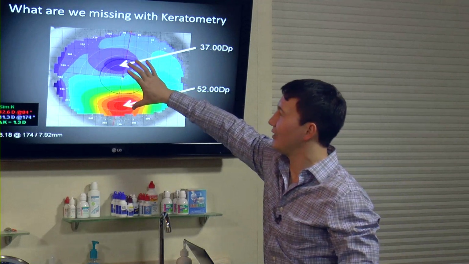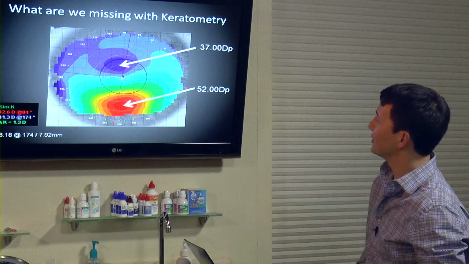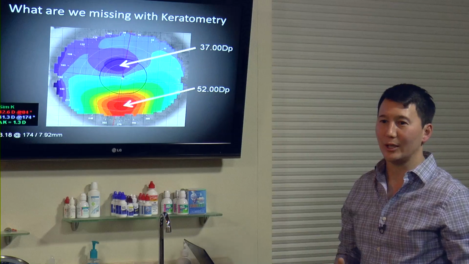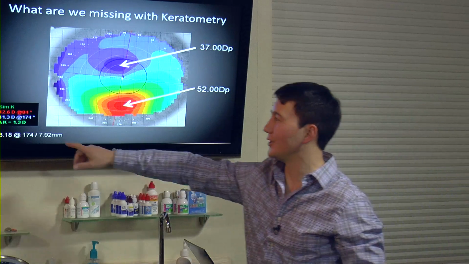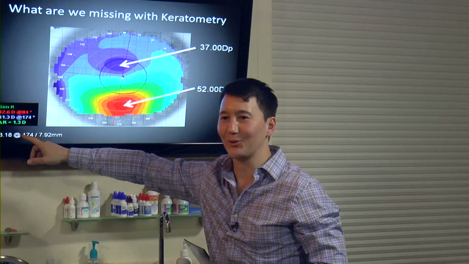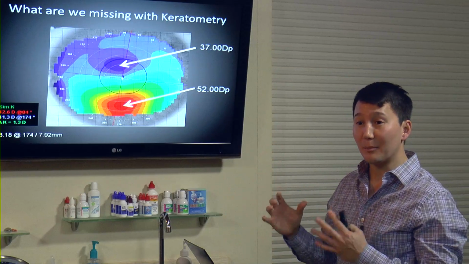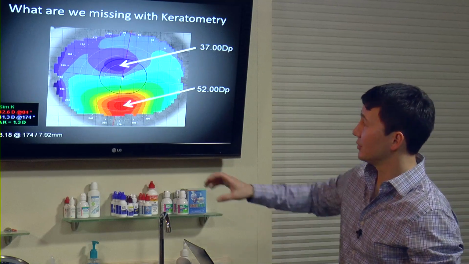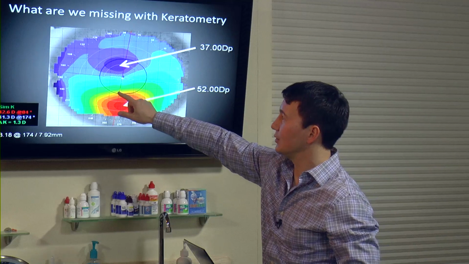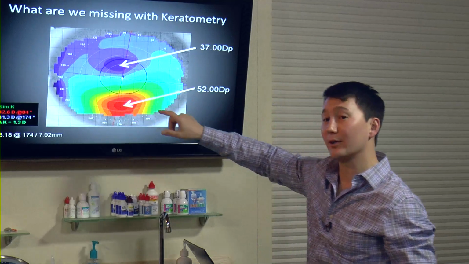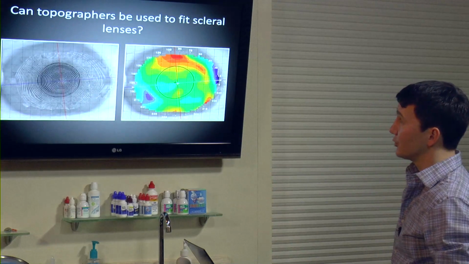So within 5 millimeters, there's a 15 diopter range. The keratometer said that there's only 1.3 diopters of corneal cyl. So you can see how useless keratometry can be in some patients where we've got this ectatic condition that's just outside of where the K readings are measuring. So something to think about.